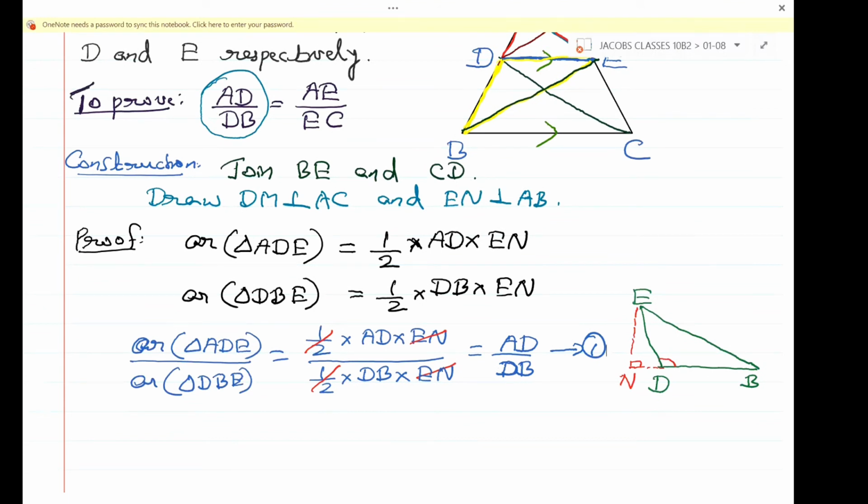First of all, we took the triangles with AD and DB as the base. Now I am going to take the triangles with AE and EC, the right hand side. We want to get AE by EC. So can you tell me what are the triangles with AE and EC as the base? The same way.